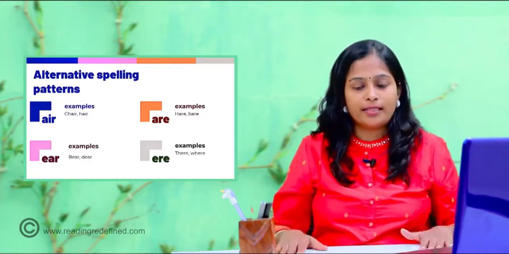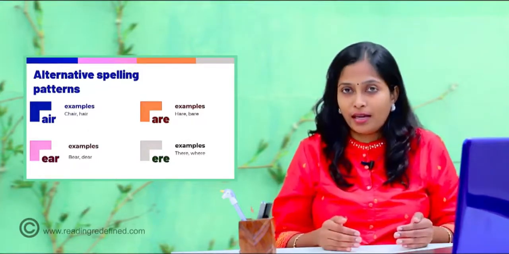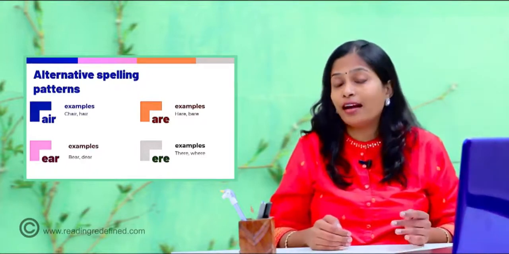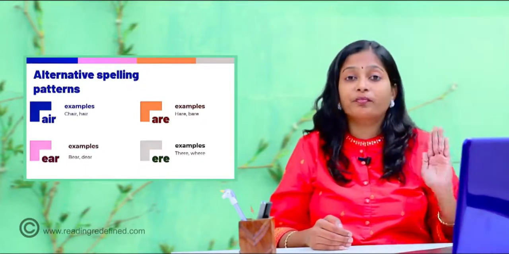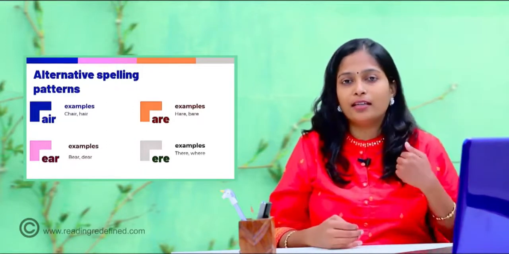So for all these words, again I request you to fix one image. While you give dictation, you can refer back to the child, stating the chair spelling, so spell the word like chair.